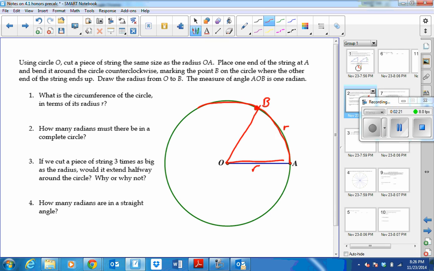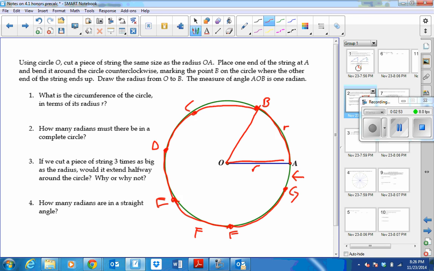Well, if I continue around this circle, what we'll find out is that if we're fairly accurate, we're going to come up to F, G. We're going to find out that we come up slightly short as we're moving around with our radius.